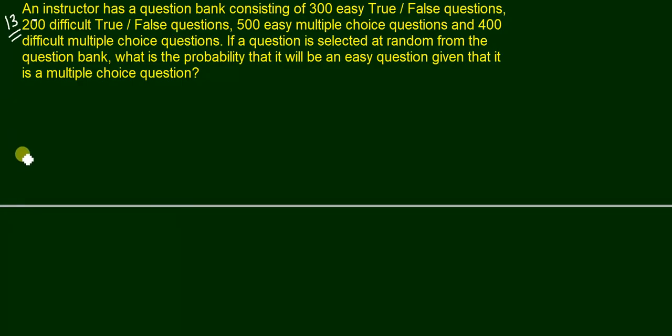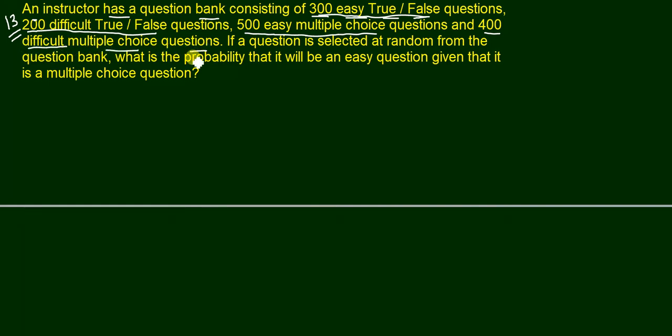In question number 13, it is given that an instructor has a question bank consisting of 300 easy true false questions and 200 difficult true false questions, 500 easy multiple choice questions and 400 difficult multiple choice questions.